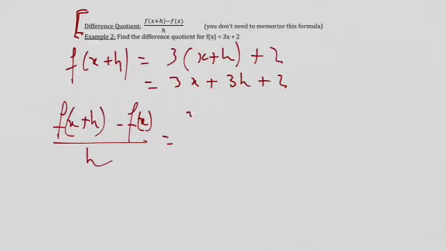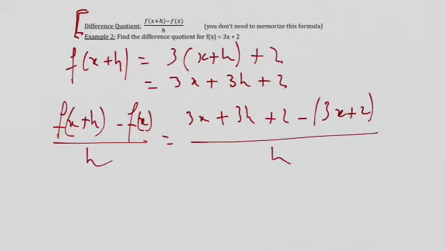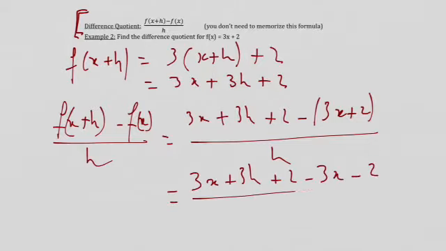I end up with 3x plus 3h plus 2 minus, open parentheses, 3x plus 2, divided by h, and at the end of the day 3x plus 3h plus 2 minus 3x minus 2 divided by h. 3x minus 3x, plus 2 minus 2, and I end up with 3, because h divided by h is 1.